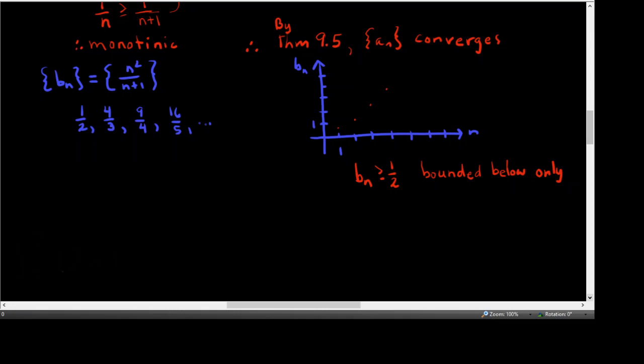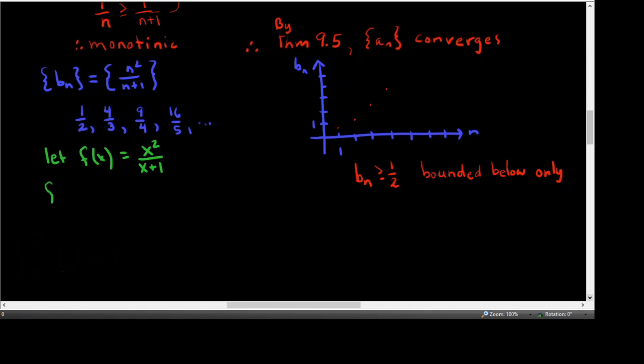if need be, by letting f of x be x squared over x plus 1, which agrees with our sequence at every positive integer n.